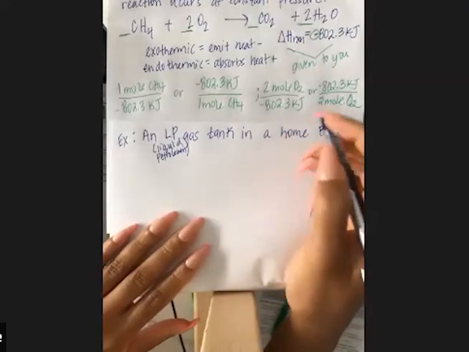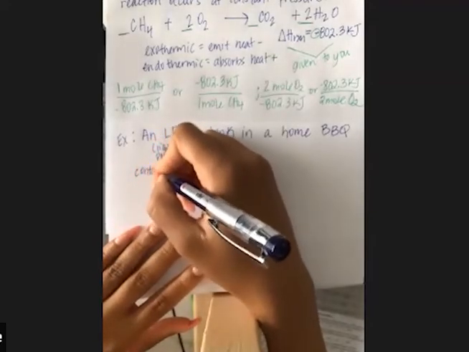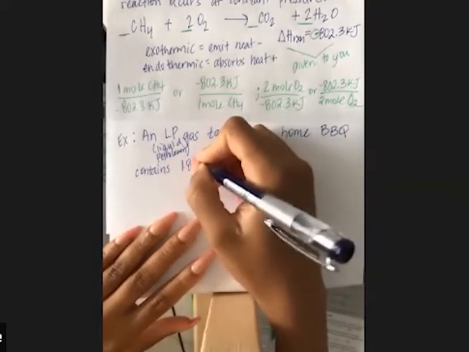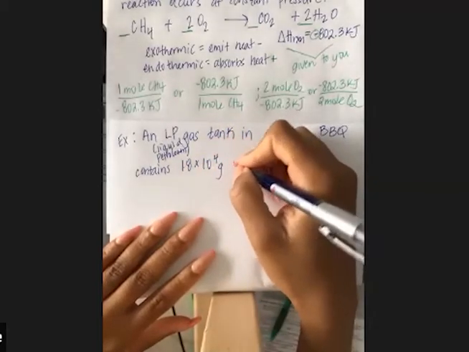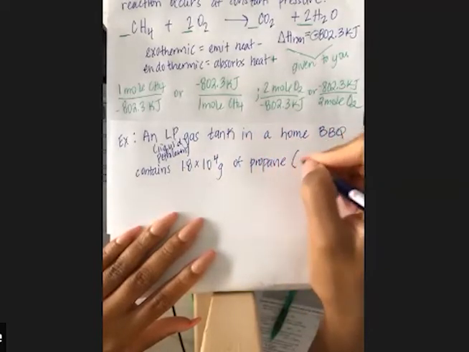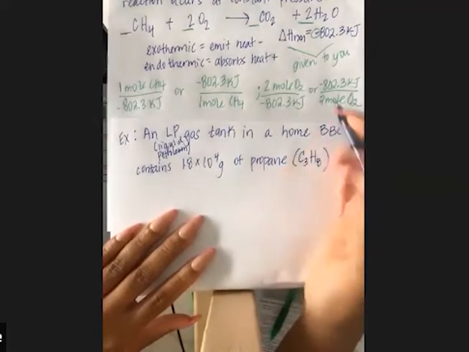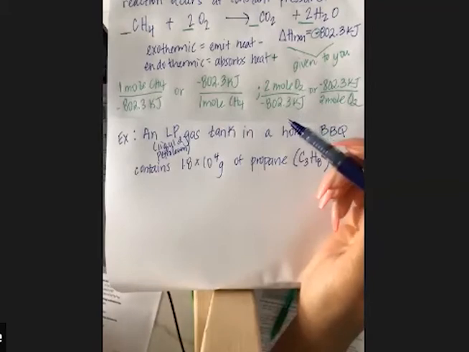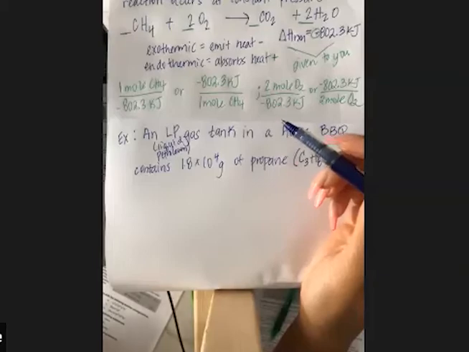Just think about the barbecue, a gas barbecue grill. It contains 1.8 times 10 to the power 4 grams of propane. And propane is C3H8. That's the gas that's in those little gas tanks that you can get from Home Depot when you want to buy a gas tank to do like a boil or if you have a home barbecue.